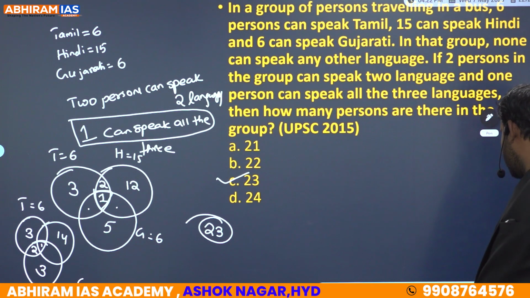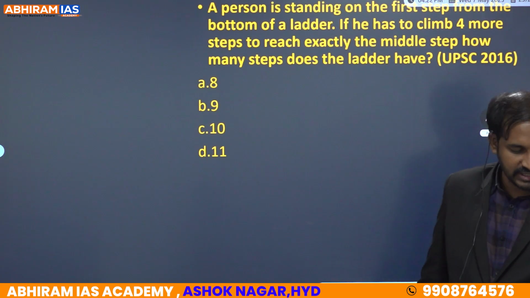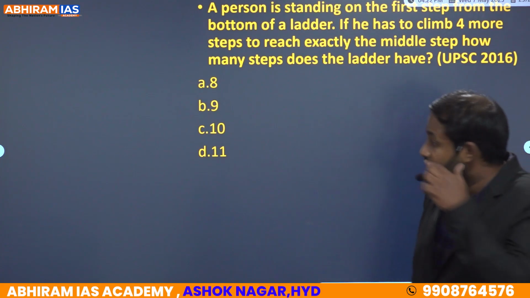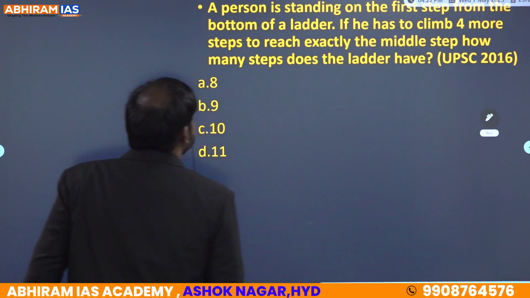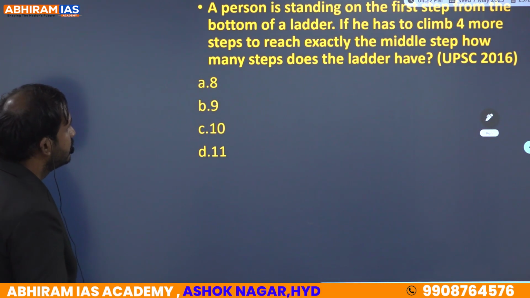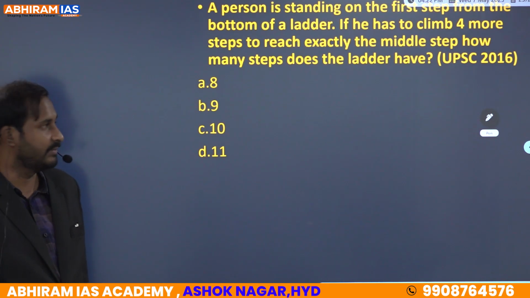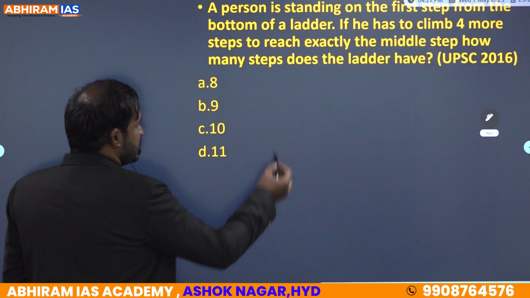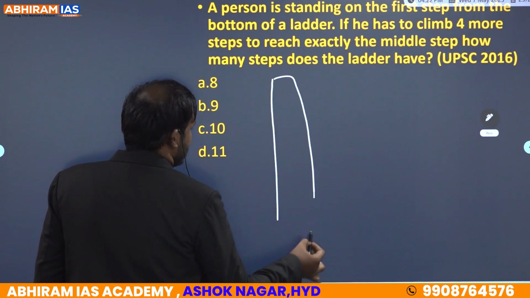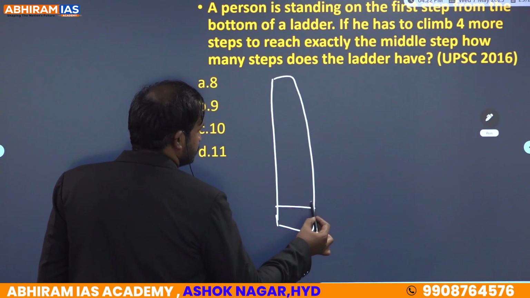Next one. A person is standing on the first step from the bottom of a ladder. He has to climb 4 more steps to reach exactly the middle step. How many steps does the ladder have? See here, in this ladder he is standing on the first one.